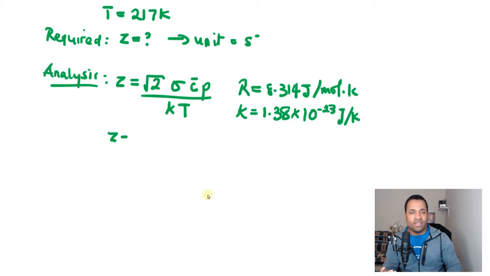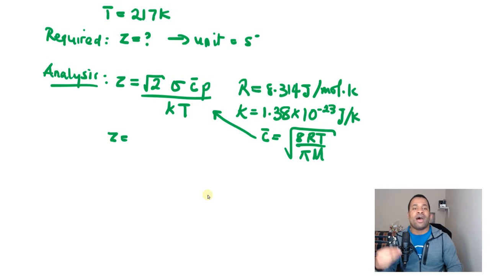For collision frequency, we have that particular c, which is the specific mean speed, expressed as the square root of 8RT over pi m, where m is the molecular weight of that gas. Putting this in the equation, we arrive at an expression that agrees with the variables in the question, and we'll be able to determine fully what Z is.